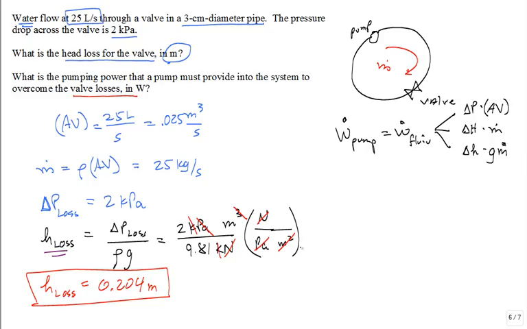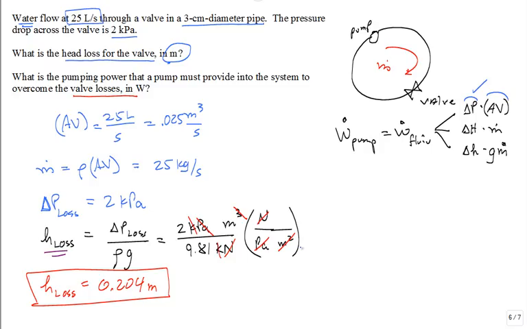True. So, which form do you want to use? Since we already have the pressure drop, that has to be the same as the pressure gain, and we get the volumetric flow rate, let's use that form.